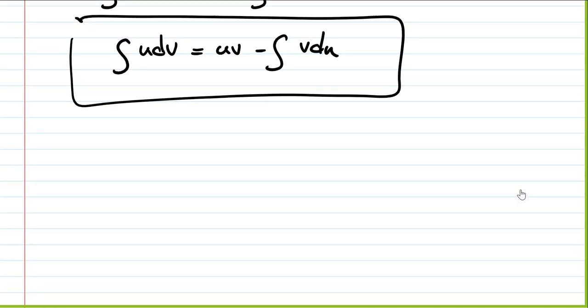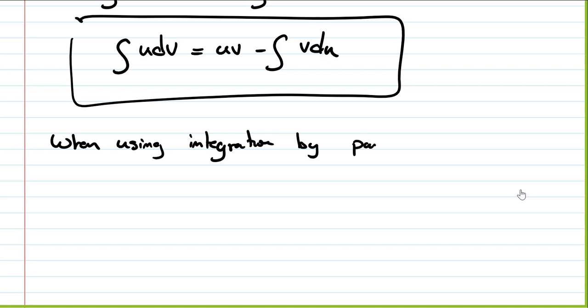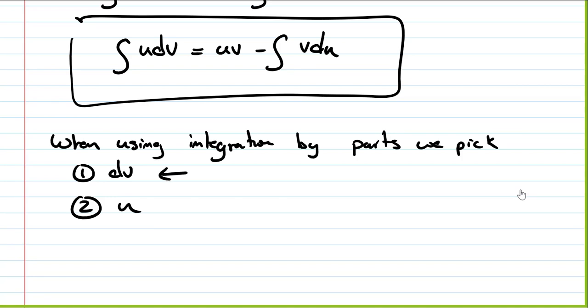So when using integration by parts, we pick dv and u. So dv, we must know how to integrate.